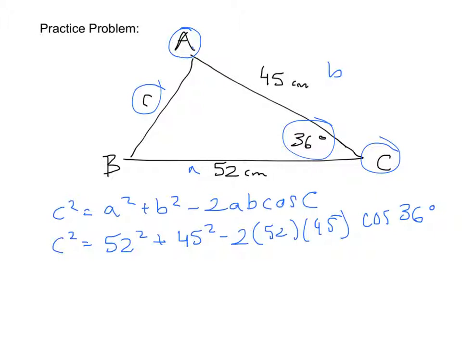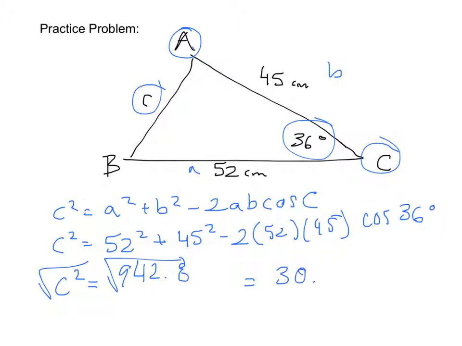And then we can just plug this all into our calculator and we'll get a value for c squared. And this value is going to be 942.8. And then we can take the square root of both sides, and that turns out to be 30.7. So there you have your value of c.